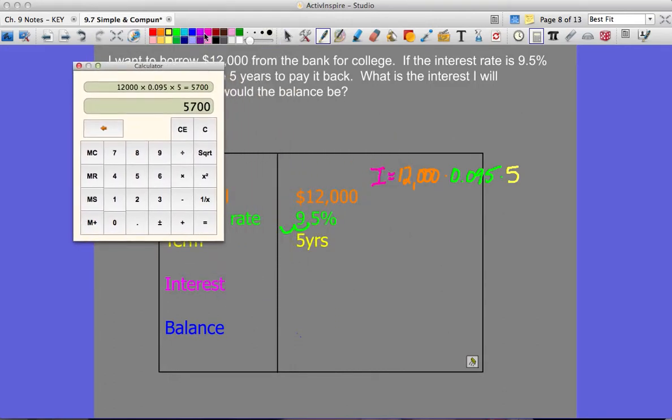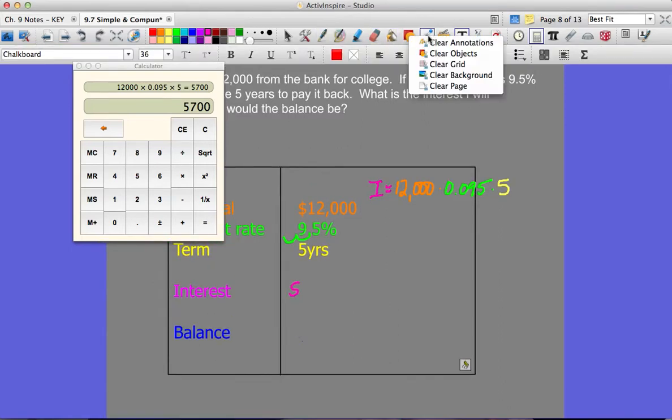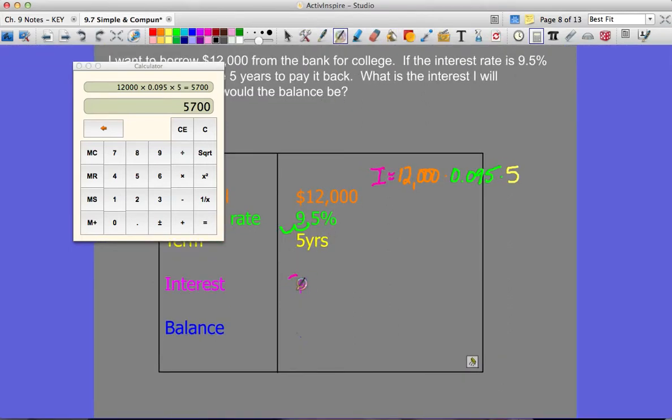Okay, so the interest we will earn on this loan is $5,700.